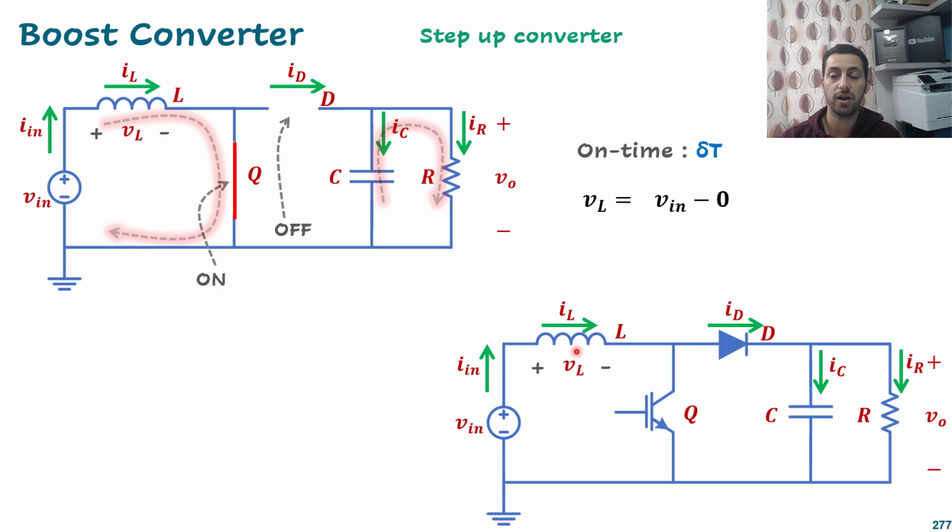Now let's go to the off-time circuit, where again we have that switch off. At the moment we are switching off that transistor, we are changing the current in the inductor, and that will produce some voltage across the inductor because it wants to resist the change in current.